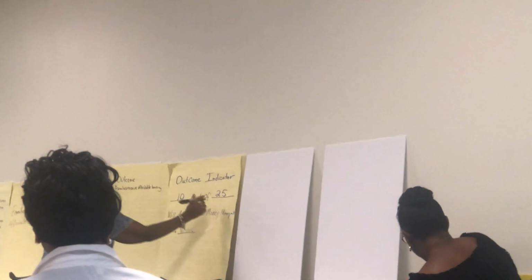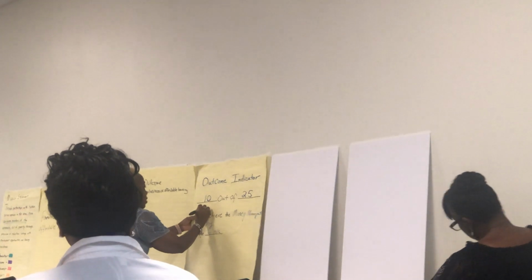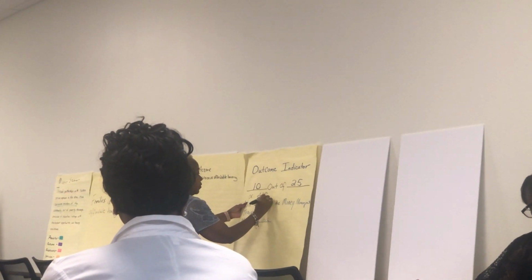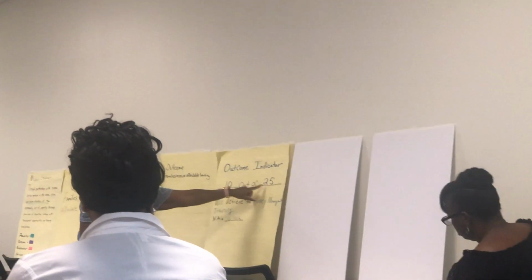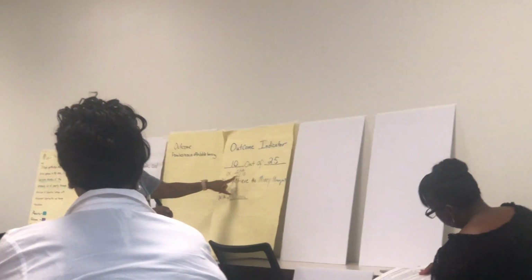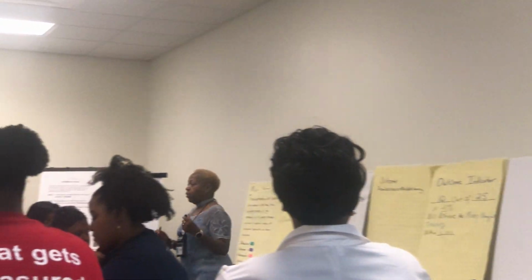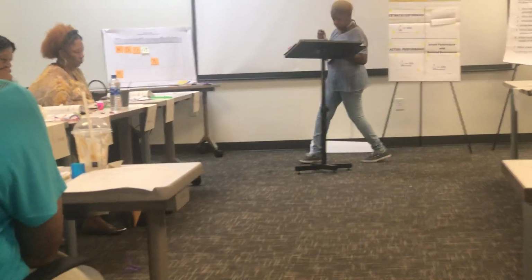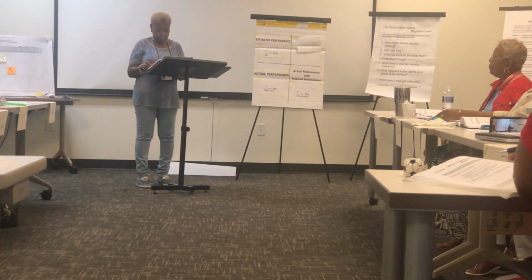So we're doing the percentage rate. If we say 10 out of 25, or 40%, will achieve the money management training within 6 months. So all we do in this part is add a percentage rate of how many will actually complete the projected training.